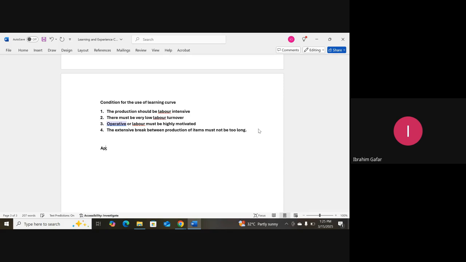So another thing is let's think of the application of the learning curve. Number one application of the learning curve is that it's good for planning.